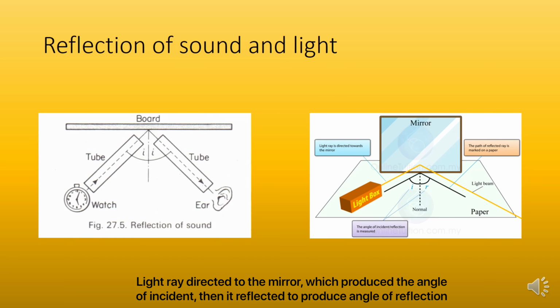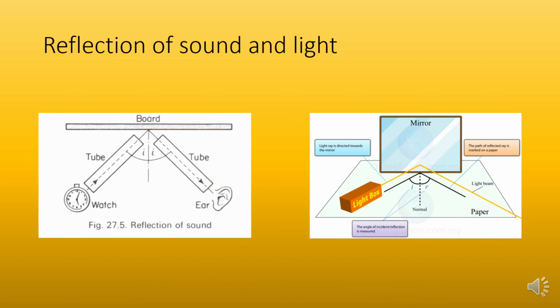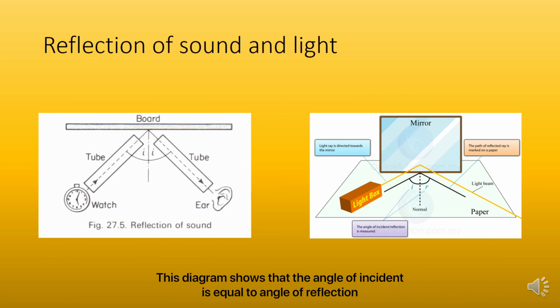From here to there, it produces the angle of incidence, and then the ray is reflected back from the mirror, producing the angle of reflection. The path of the reflected ray is marked on the paper here. This diagram shows that the angle of incidence is equal to the angle of the reflected ray.